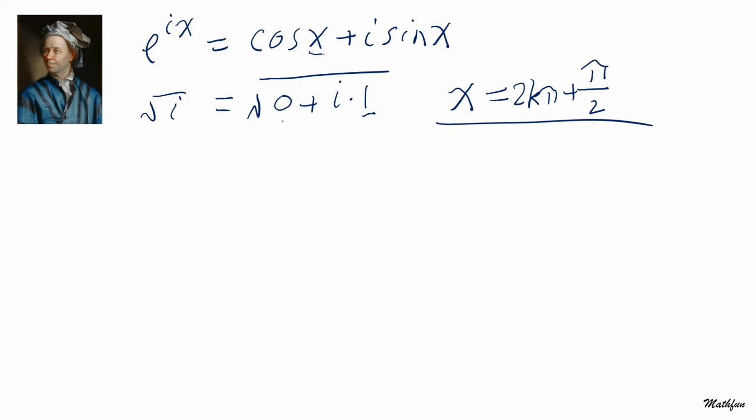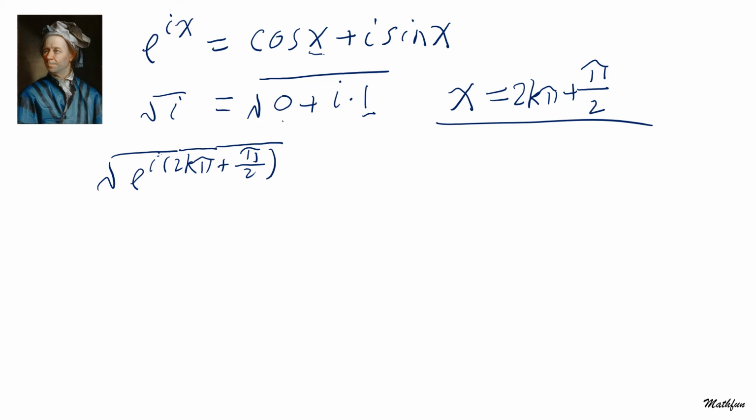Now, in other words, solving the square root of i would be the same as solving the square root of e to the i times x, and x is this angle, so that would be 2k pi plus half a pi. And what do we get now?